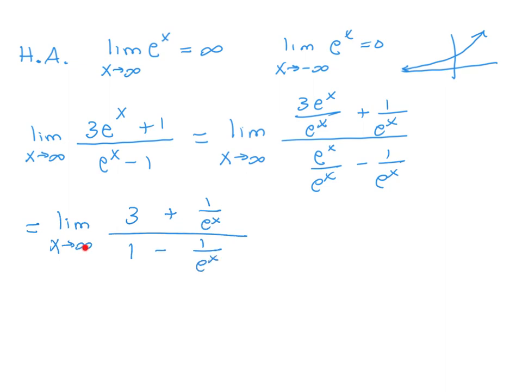As x goes to infinity, e to the x goes to infinity, which means these fractions go to 0. We can simply evaluate the limit at this point and say this is 3 plus 0 over 1 minus 0. That's 3 over 1, or just 3. And that is a horizontal asymptote: y is equal to 3.